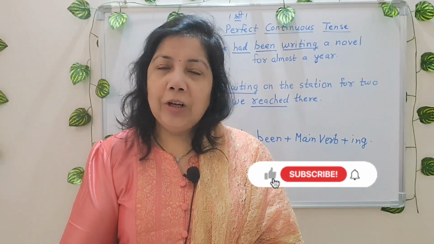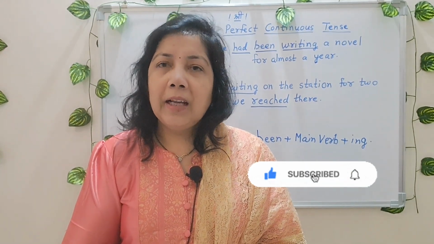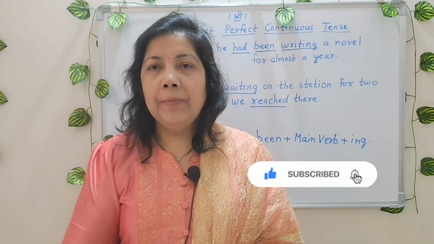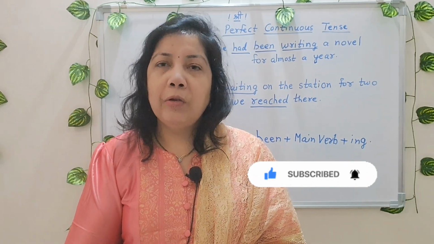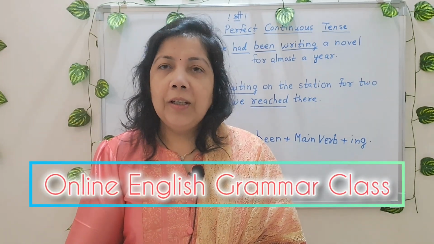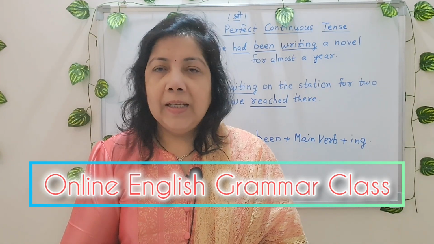Today I am taking English grammar. Topic is tenses. There are three main tenses in English grammar and they are present tense, past tense and future tense. Each one has four kinds. Today we are taking past tense.